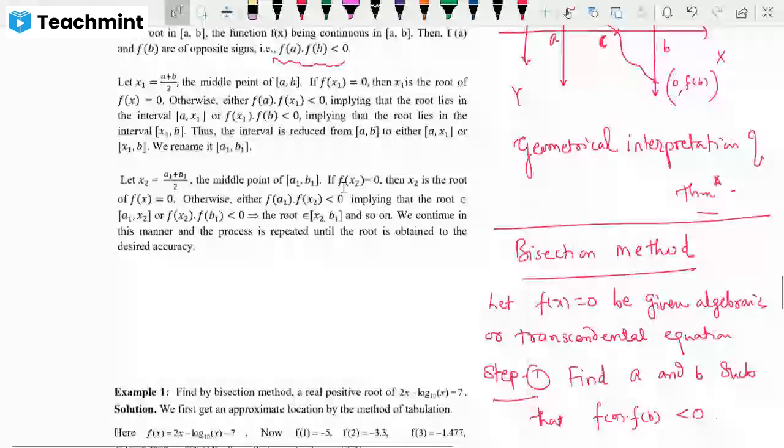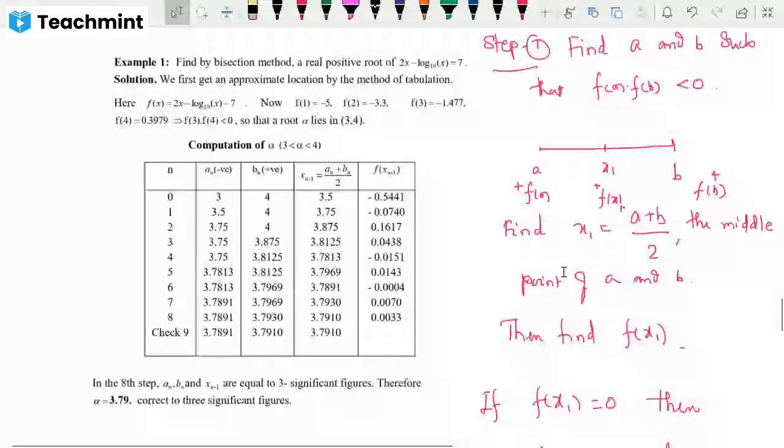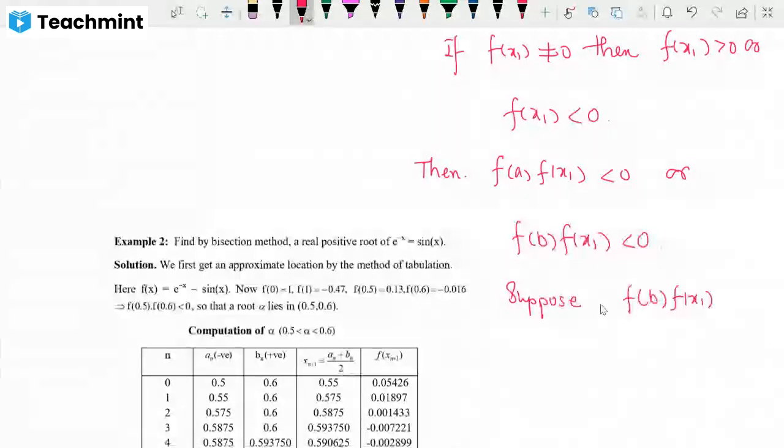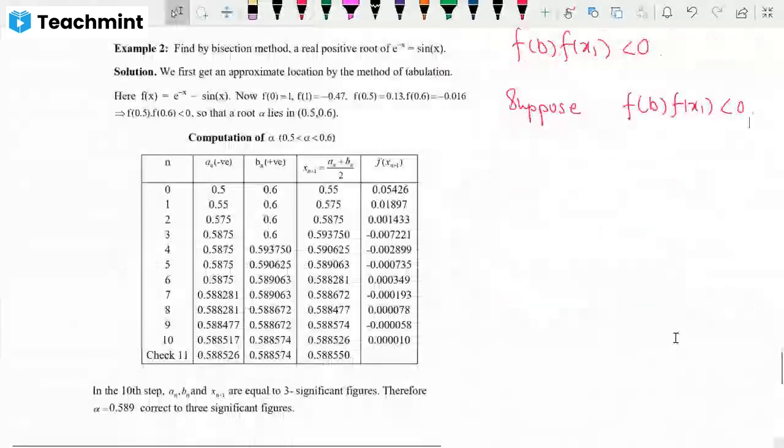Thus the interval is reduced from [a, b] to either [a, x1] or [x1, b]. Suppose f(b) times f(x1) is negative. Then in that case, f(a) times f(x1) is not 0. Either this is negative or this is negative. So surely, what does it imply?